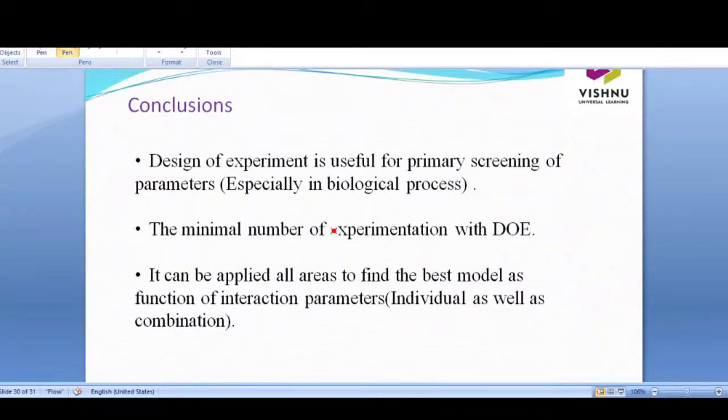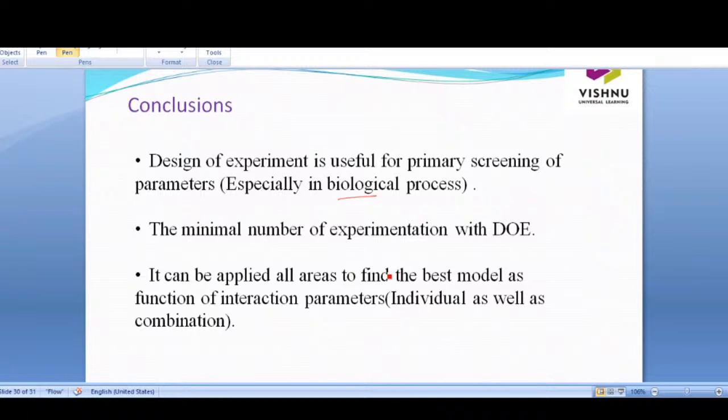Okay, so let us come to the conclusion. Design of experiments is a useful design, especially for screening of parameters, mainly in biological processes where a large number of parameters influence the yield of the product. It is a very useful tool, and a minimal number of experiments will be needed with the help of design of experiments.